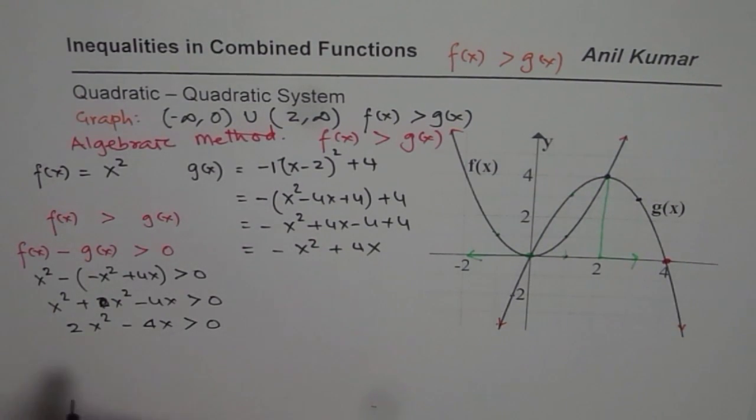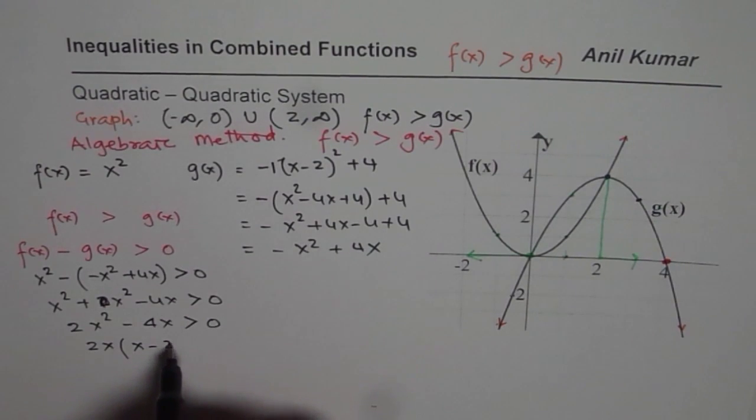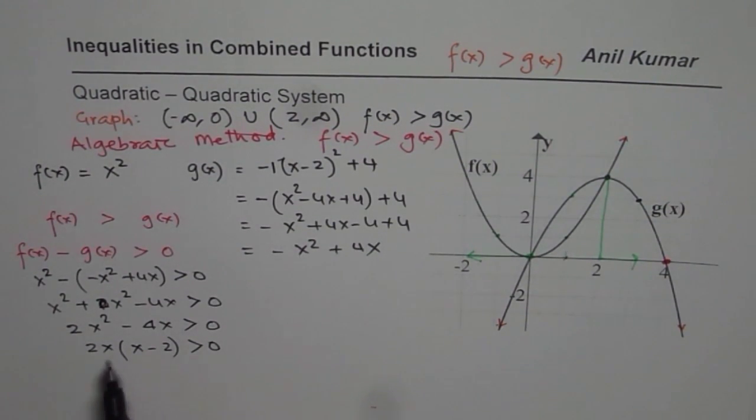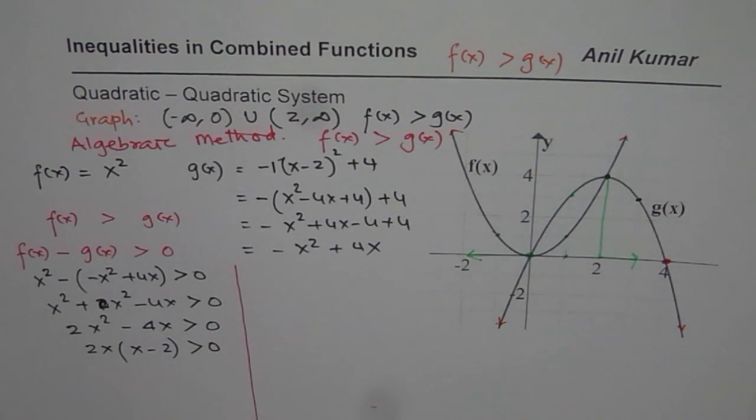So we can factor this. 2x is common, and we get 2x times x minus 2 greater than 0. From here, we are looking for positive values of this function. To solve such an inequality, we can actually use a couple of methods.